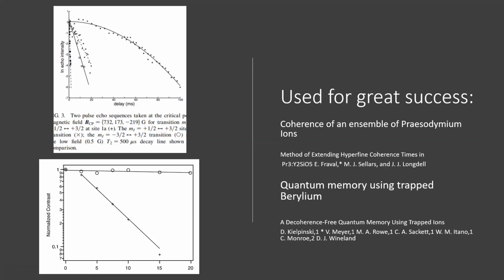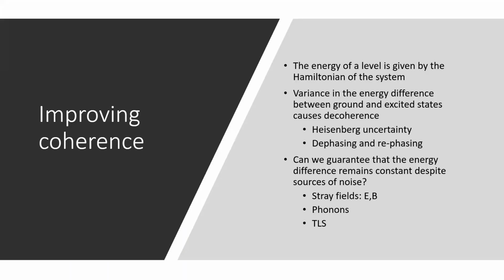So finding these decoherence-free subspaces, or places where variation among your magnetic field or other effects that may cause noise, in the case of the ion trap, it's AC electric fields, finding these invariant transitions despite noise, are quite powerful and have already led to devices that improve a lot. So keep that in mind.